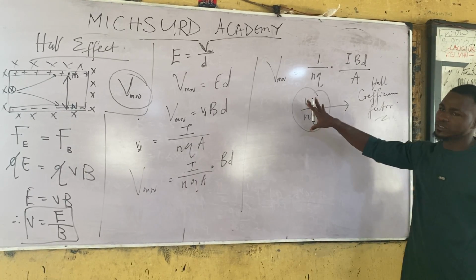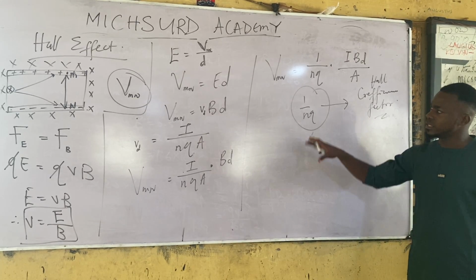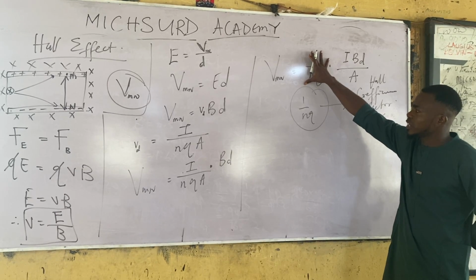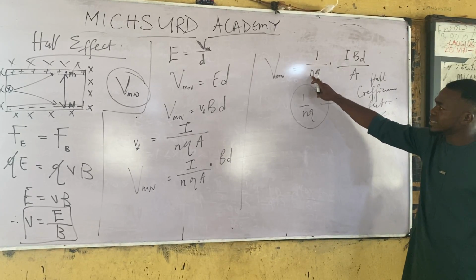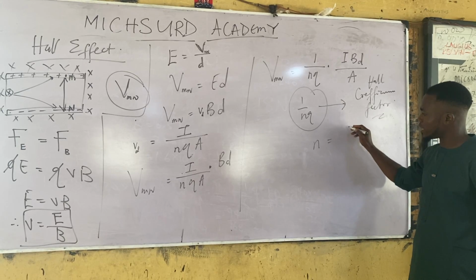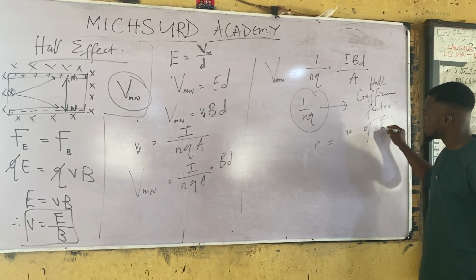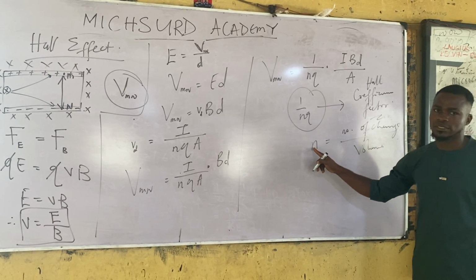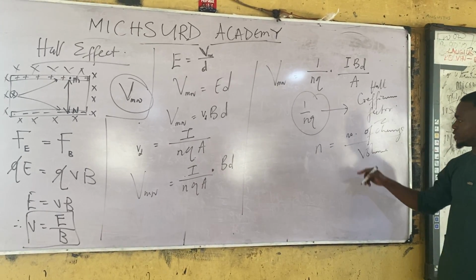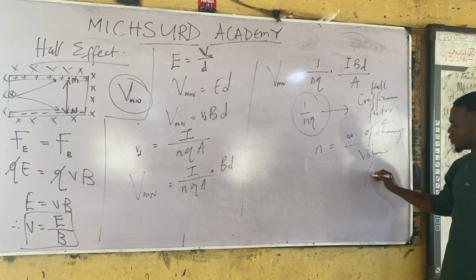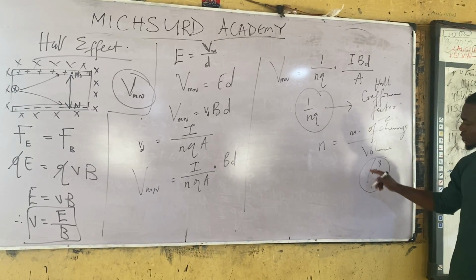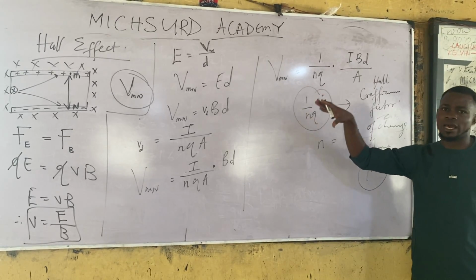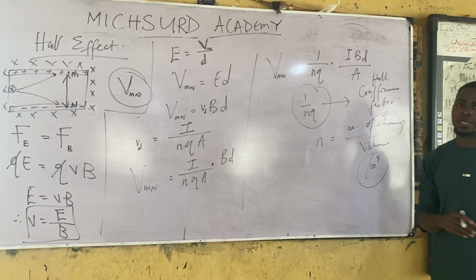Sometimes in exams, they can give you this as a constant. So you just make the right substitution, you don't need to calculate it, and start solving. Then this n is the number of charges per unit volume. So take note of that. It should be written as per volume, that is the unit is per meter cubed. So with this, we have been able to analyze the Hall effect experiment.